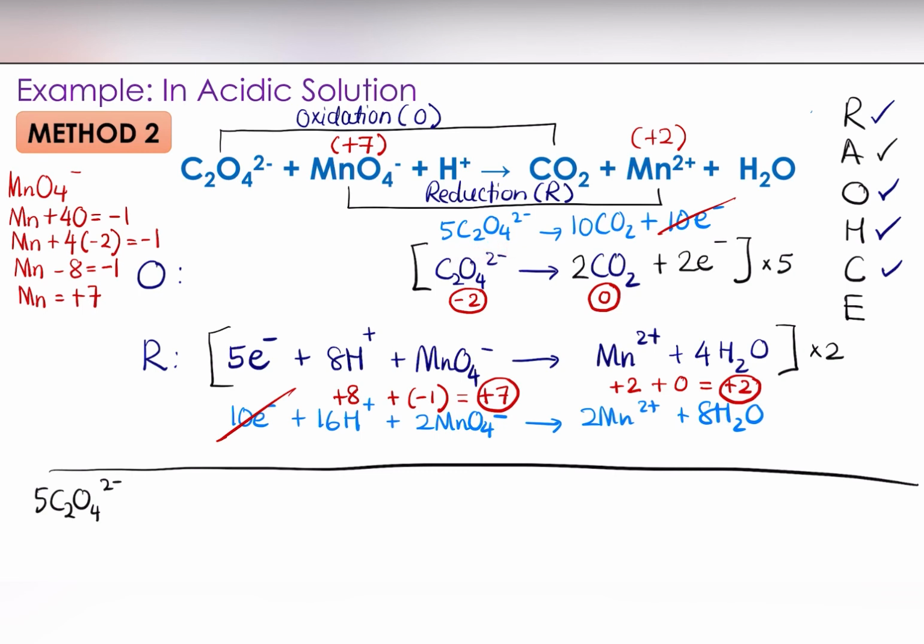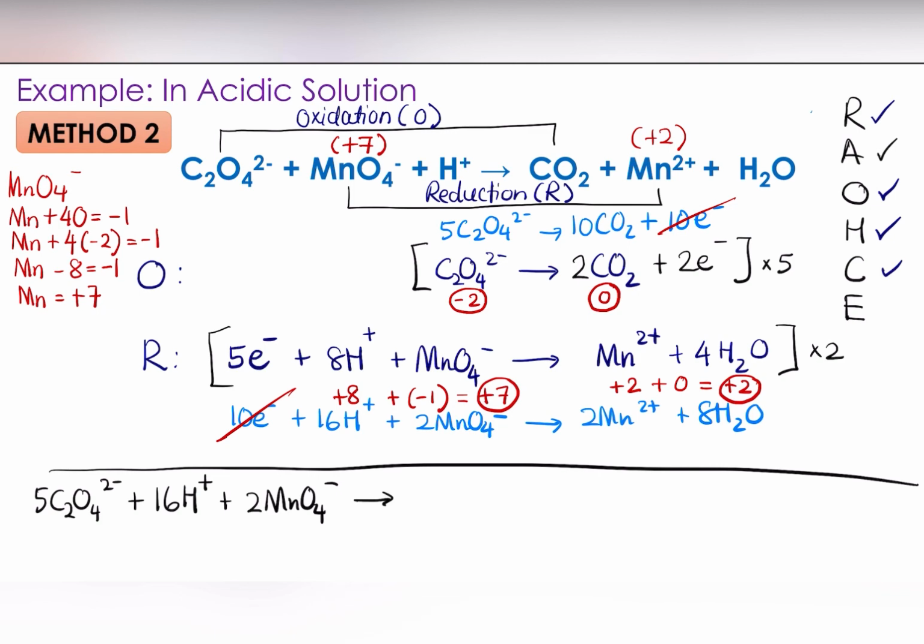Nothing more. We go to the reduction side. So I got H plus here, where I got 16H plus. So plus 16H plus. And then I got 2MnO4 minus. Okay, and then settled for reactant.